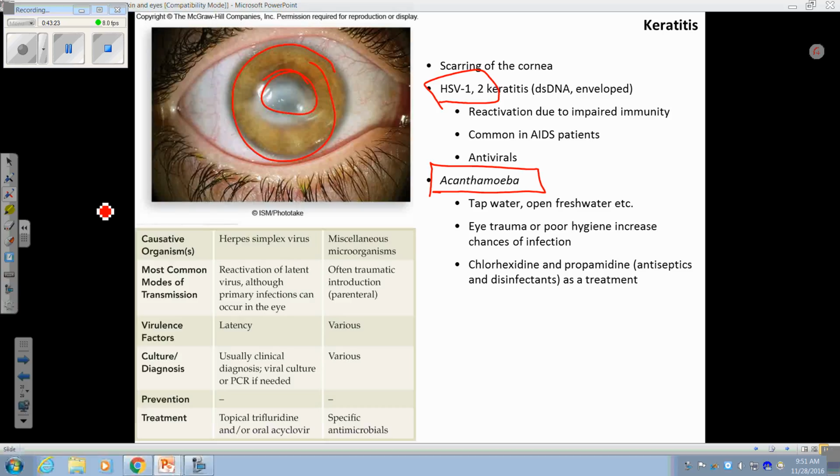It doesn't cause any other type of infection, but if several microorganisms end up on the surface of the contact lens and they become trapped between the cornea and the contact lens, right here in this little trough, right?